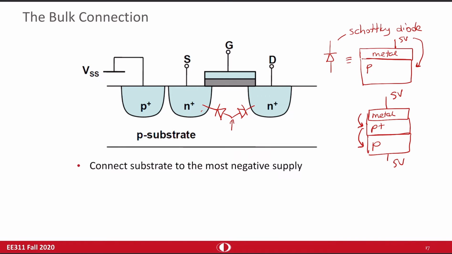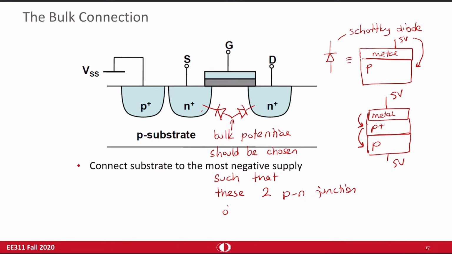So bulk potential should be chosen such that these two PN junction diodes are off all the time.